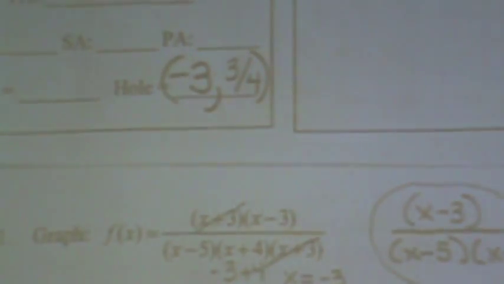I said -3 plus 4 is 1. So that's right. 1. Right? You plug -3 in here.